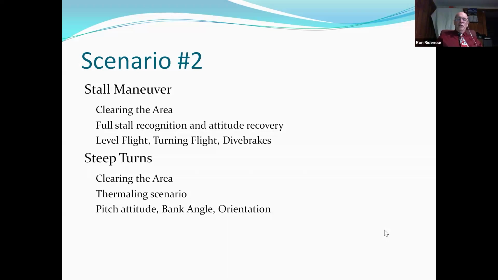But pitch attitude is really important. The bank angle is another really important one. Maintaining orientation and being able to roll out at the prescribed heading that the examiner or the flight instructor wants you to roll out on. So that gives you a little overview of what's coming.